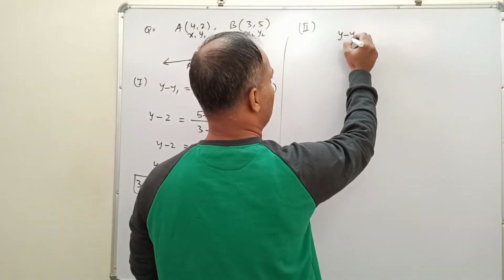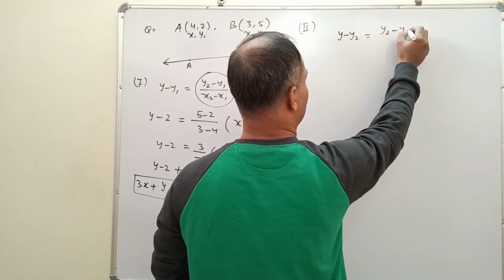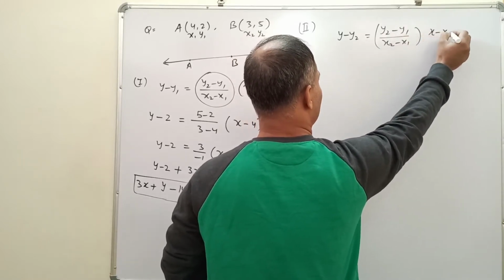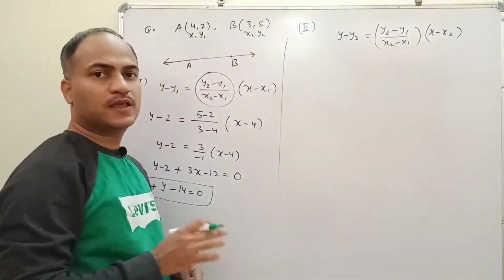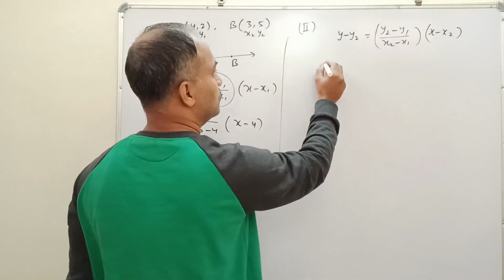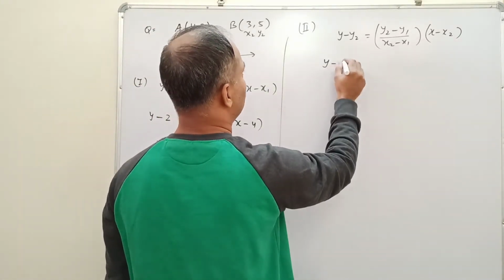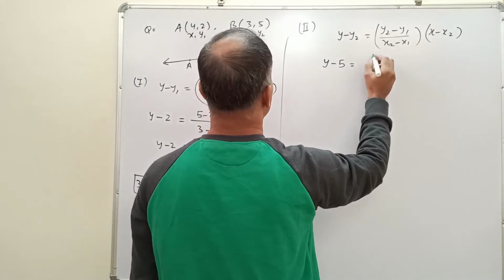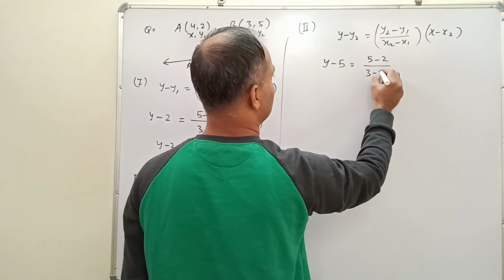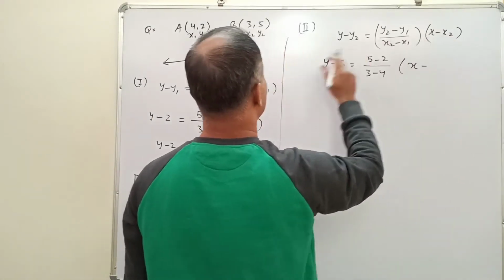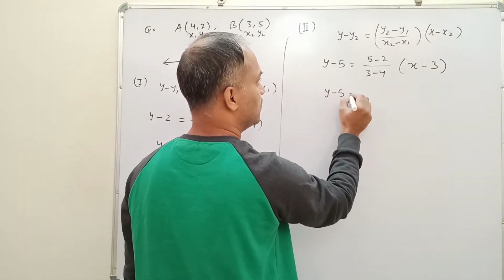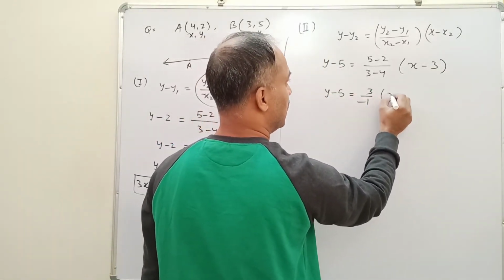y minus y2 is (y2 minus y1) upon (x2 minus x1) into (x minus x2). This is the second formula we got. Here the second point is (3, 5). So let us put y minus 5 equals (5 minus 2) upon (3 minus 4) into (x minus x2). So this is 3 upon minus 1 and (x minus 3).